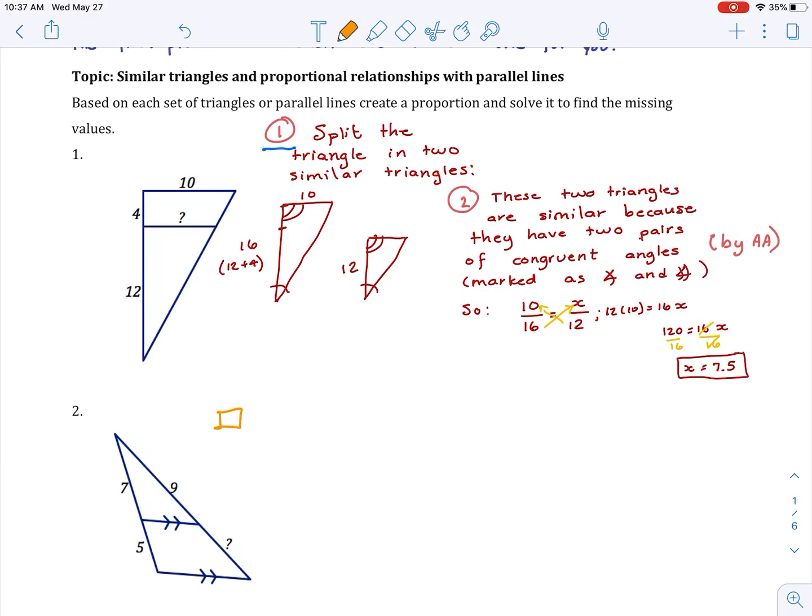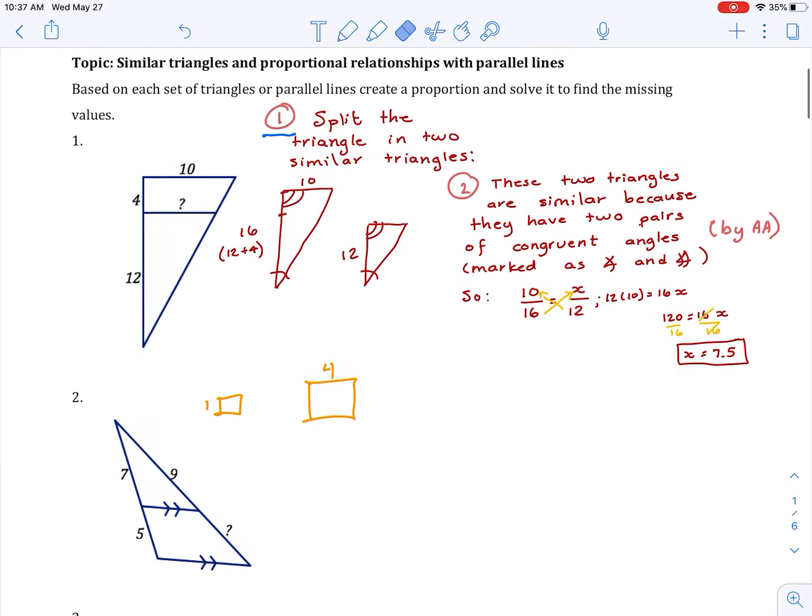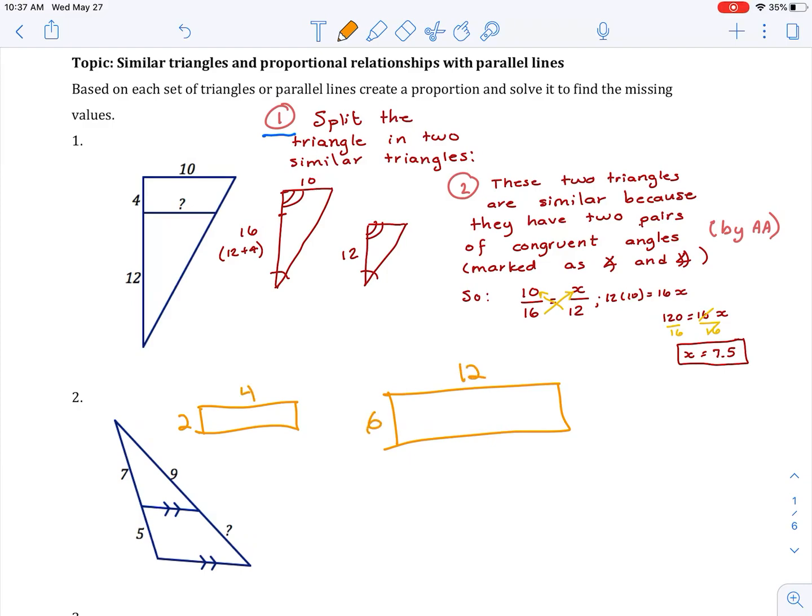Remember, if two things are proportional, well, square's not necessarily the best example. Let me just do rectangles because they're easy and you might be able to see what I mean. So let's say that this was 2 and this was 4 and this was 6 and this was 12. These would be proportional because it's times 3, right?